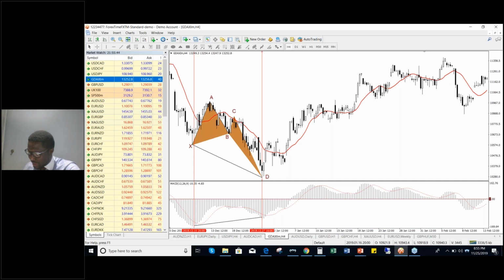All right, so we look for another example. Let's look for one more example under the Euro USD.